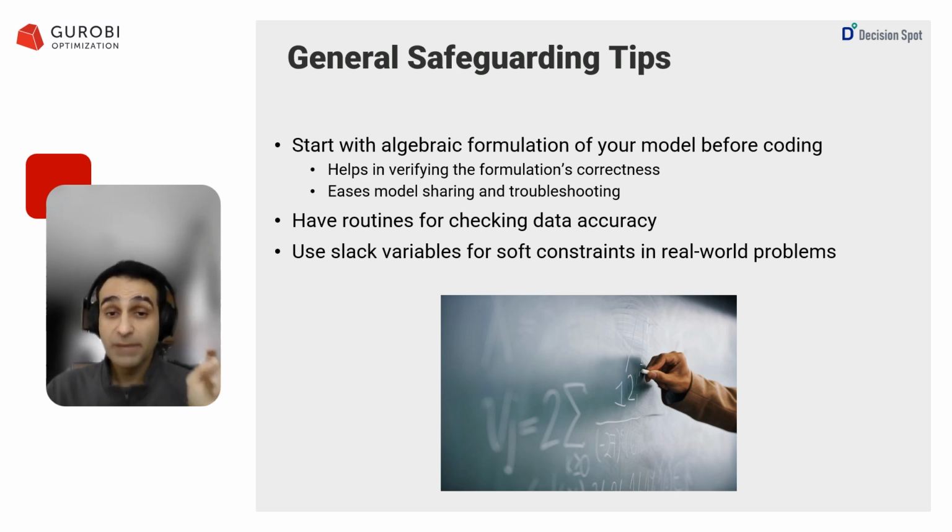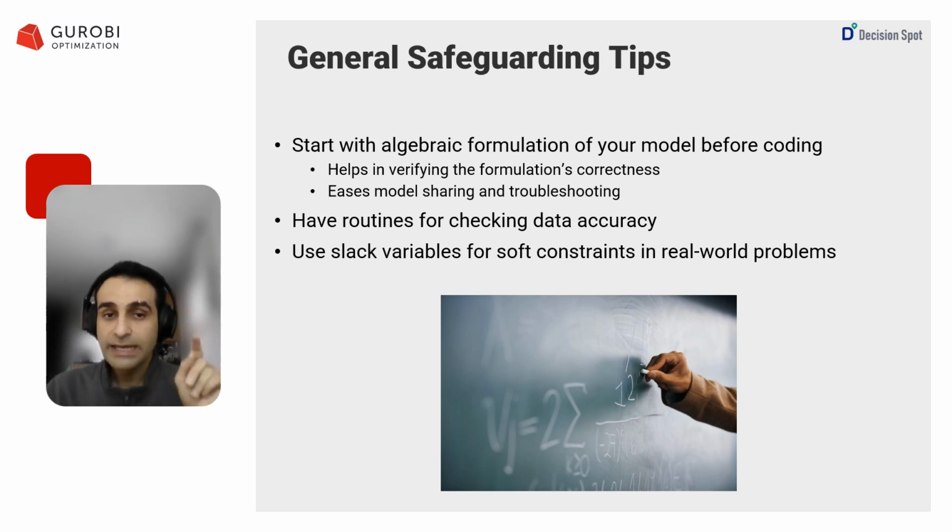Second, make sure you have routines in place to check the accuracy of your data. Inaccurate or poorly formatted data is often a key source of infeasibility. So, catching issues early on can save you a lot of headache later.